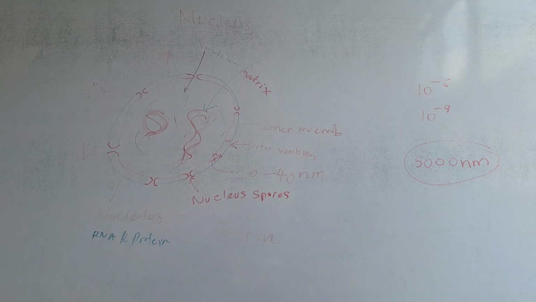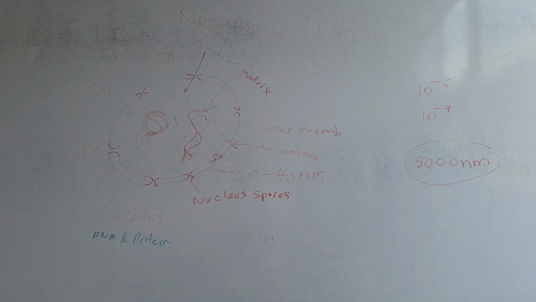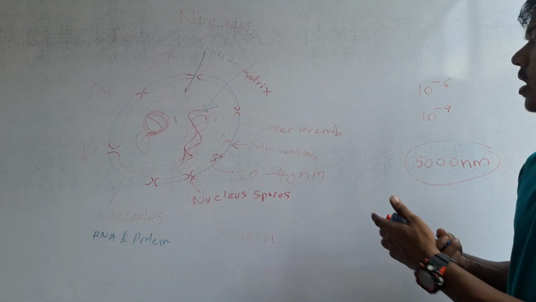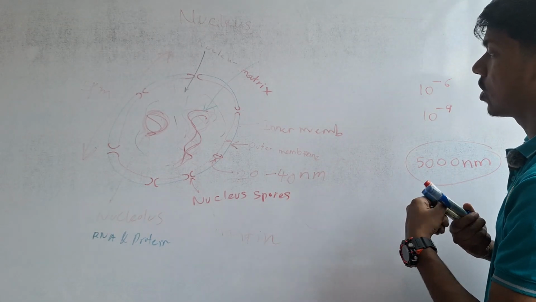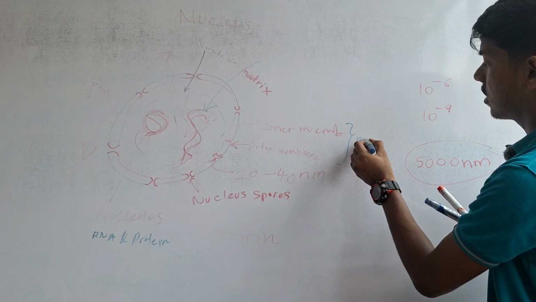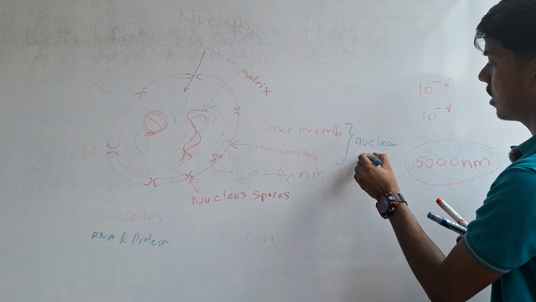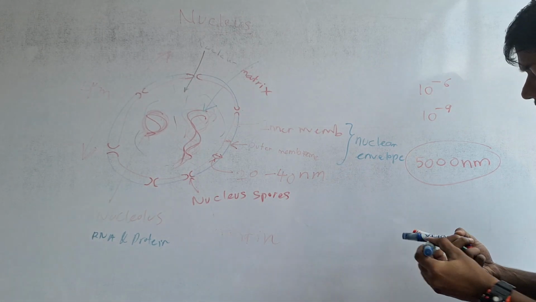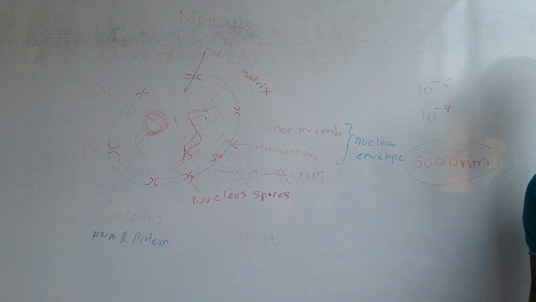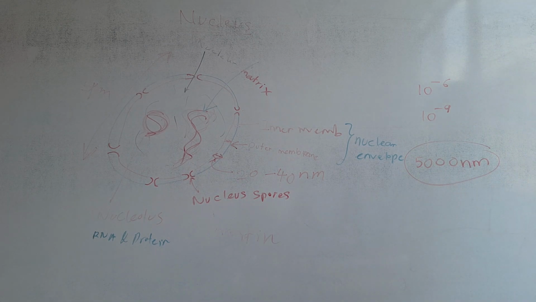The nucleus has a diameter of 5 micrometers. The nucleus consists of two membranes, inner and outer membrane, altogether known as the nuclear envelope, separated by a space of 20 to 40 nanometers. The nuclear envelope is perforated by nuclear pores.